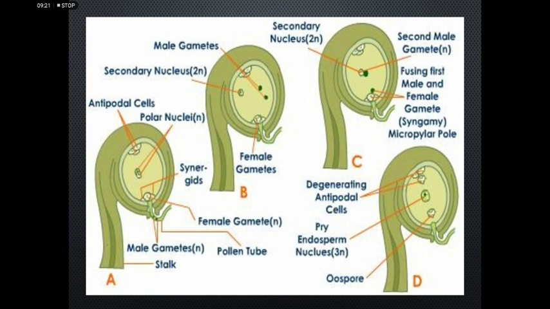Now in picture D, you can see the antipodal cells are degenerating. Primary endosperm nucleus is produced and the oospore, that is zygote, is produced. Now the embryo sac has a zygote and PEN, primary endosperm nucleus. All the other cells degenerate on their own.